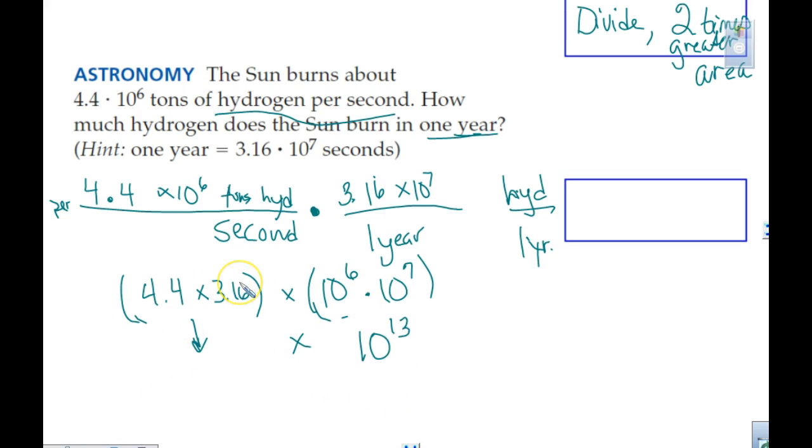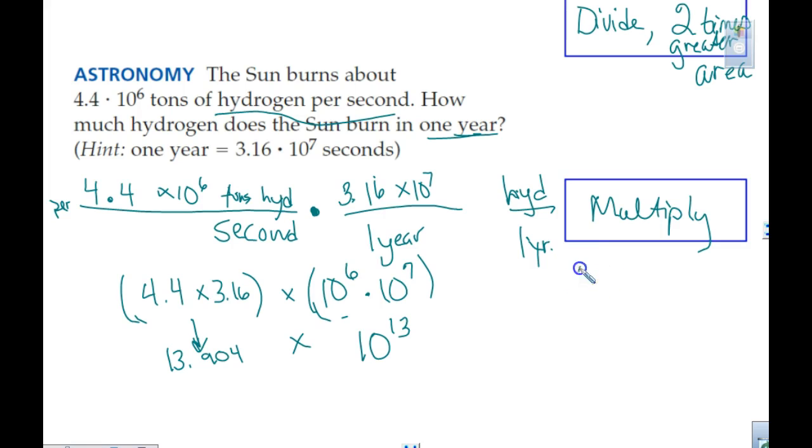When we do the multiplication, Patrick, what did you get when you multiply those? 13.904. So we go back 3 places. This is not in scientific notation. Jordan, you ready to help us change it? It was 13. We want our final answer, so we're going to say here that we were multiplying.